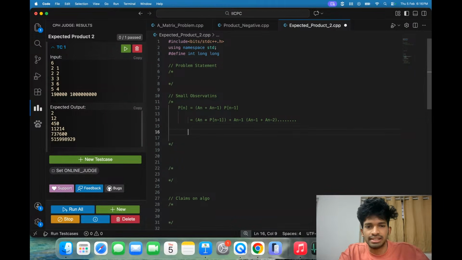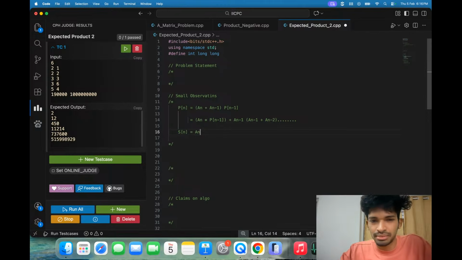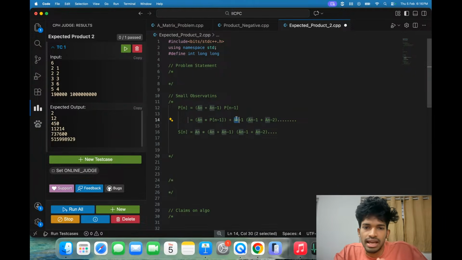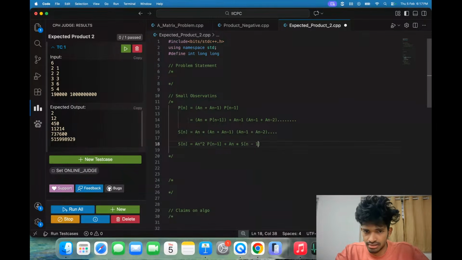Let's try to write that as Sn. Will that simplify something? Then can we get something for Sn? An squared times Pn minus 1, right? Plus An times Sn minus 1, is it?